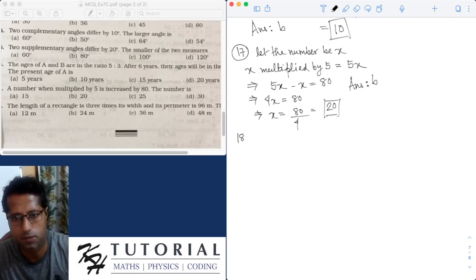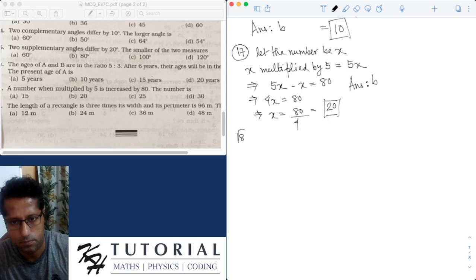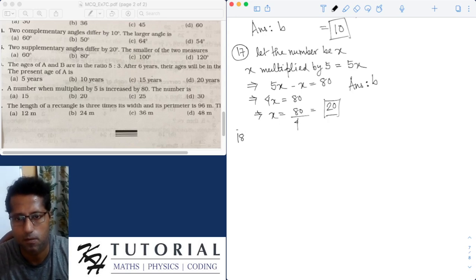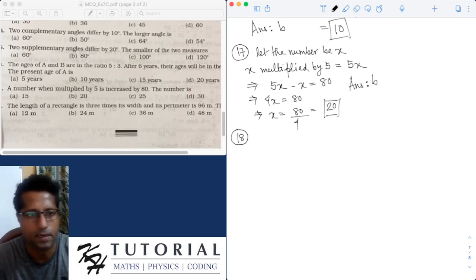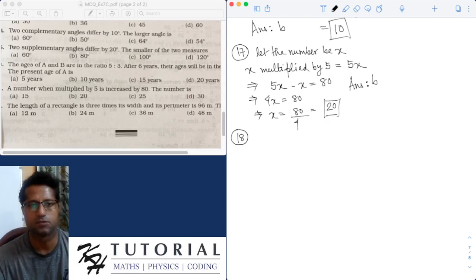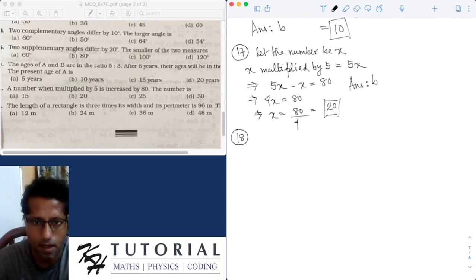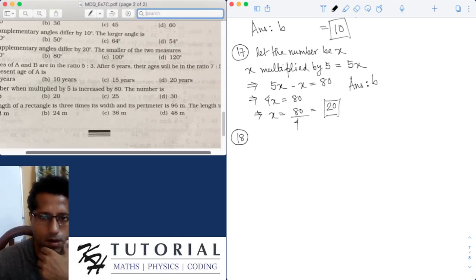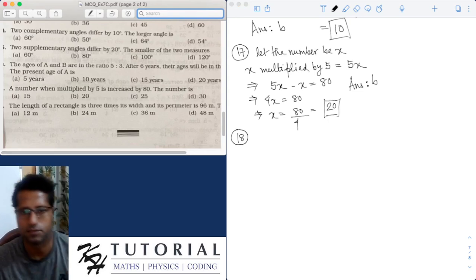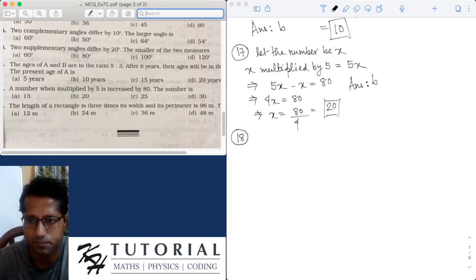Okay, the last question, that is 18. The length of a rectangle is 3 times its width and its perimeter is 96 meters. Then the length is... it has asked to find the length.